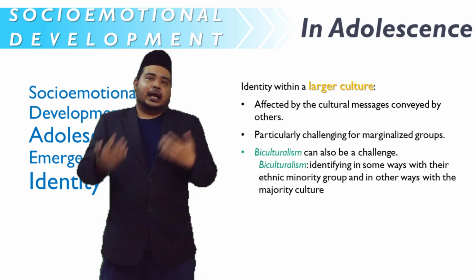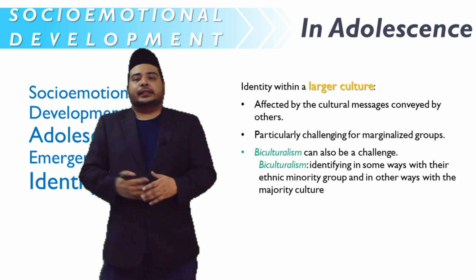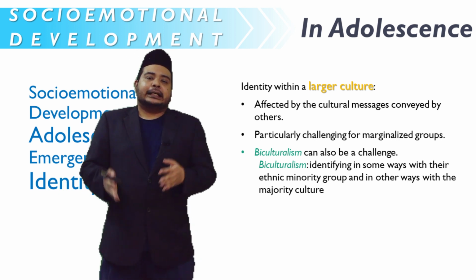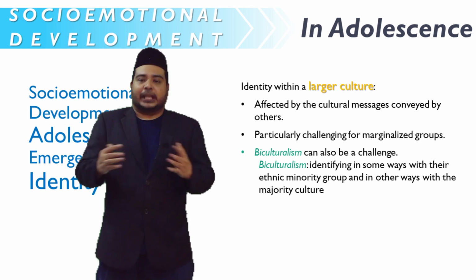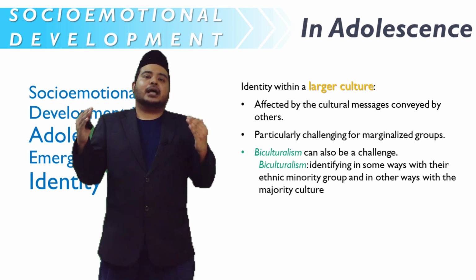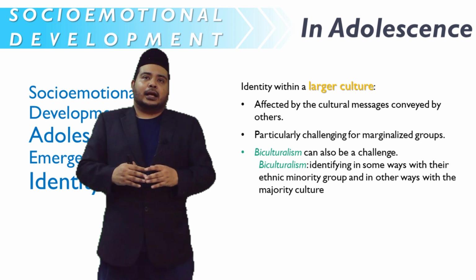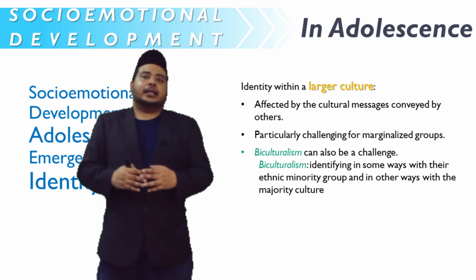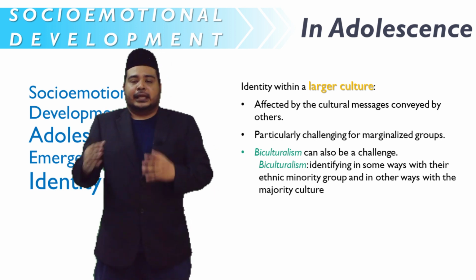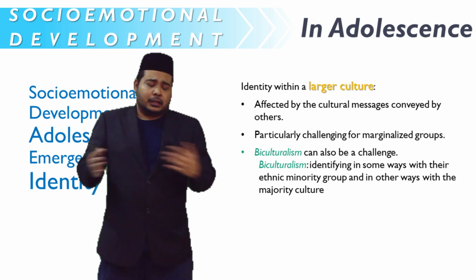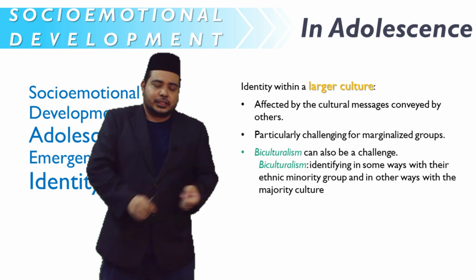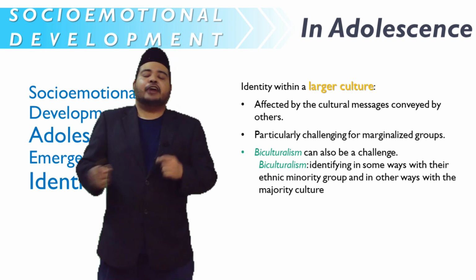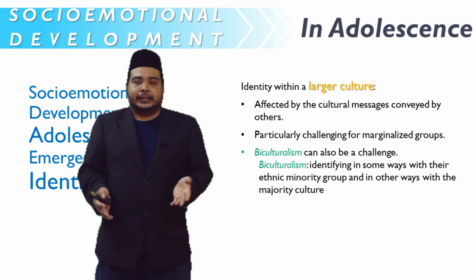Our identity, even adolescent identity, is affected by the cultural messages that they receive in their setting. What are the cultural values? What are the norms? What are the traditions in their setting? All of these influence their decisions, their commitment, and their efforts to explore their identity.